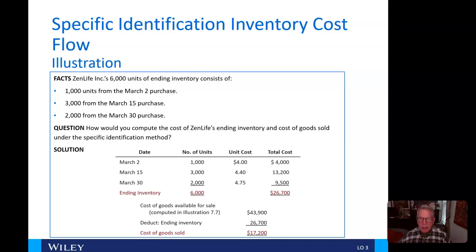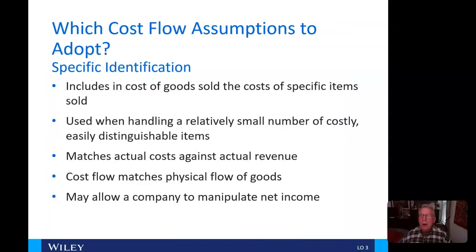So that specific identification method, as I say, I've never used that in the real world for big league business. For my little diamond business, yes. Okay. Which cost flow assumption to adopt? Specific identification includes in cost of goods sold the cost of those specific items that we sold. In my case, the exact diamonds that I sold.